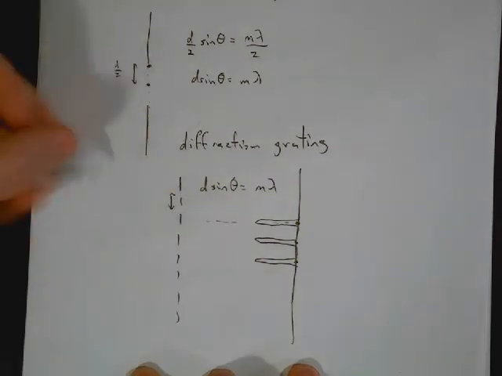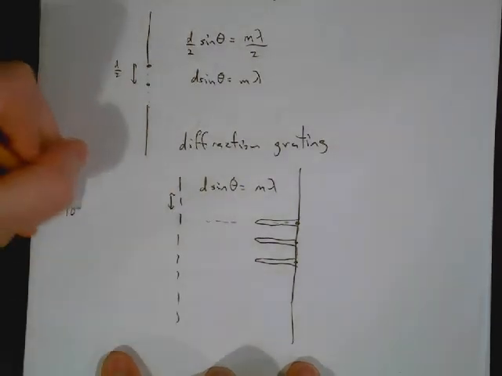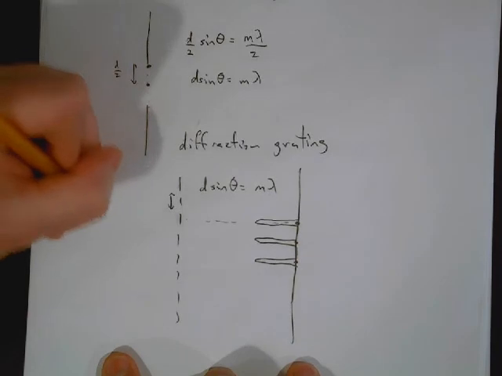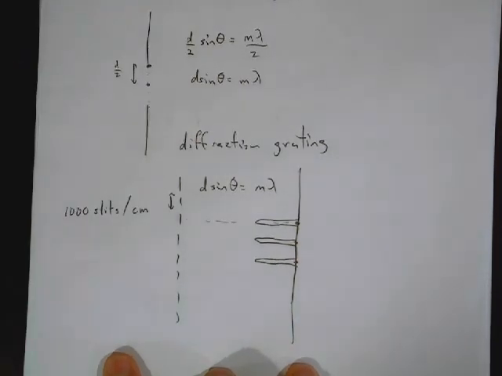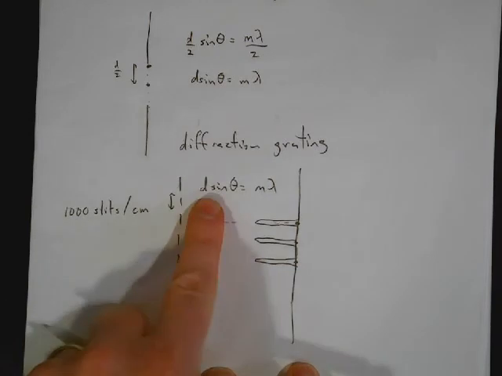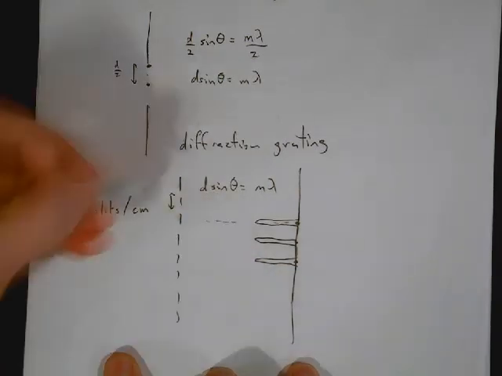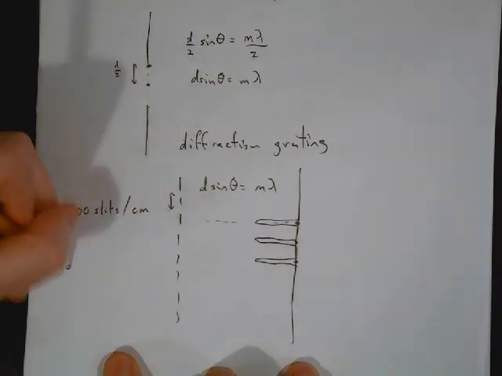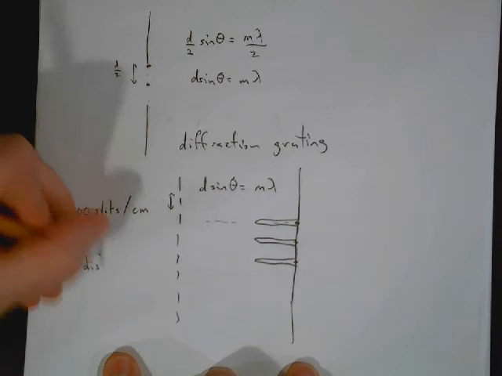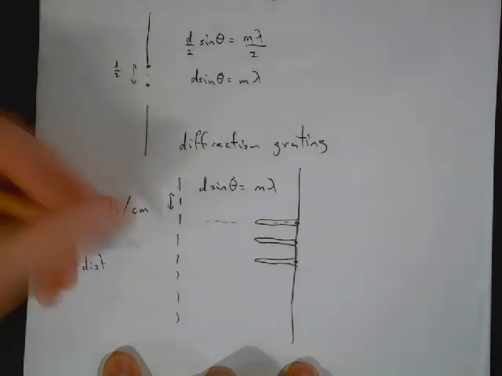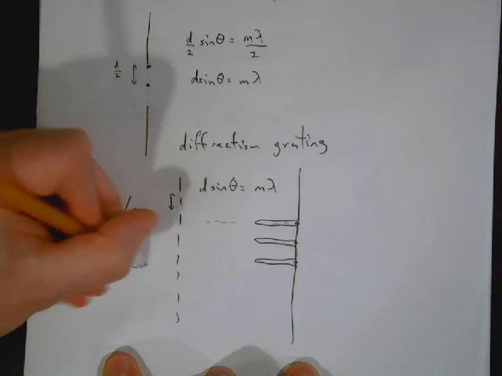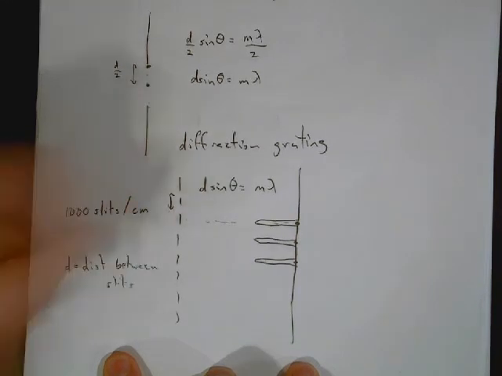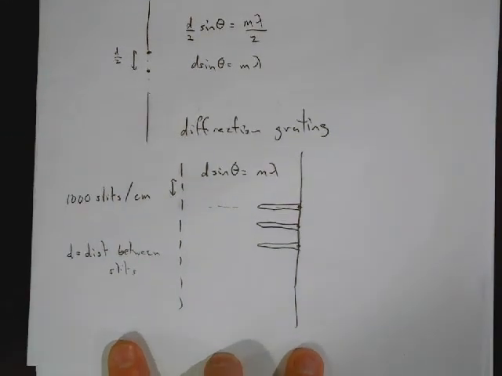The only thing you have to remember with diffraction gratings is that a lot of times they say you have 1,000 slits per centimeter. Okay, well, if I have 1,000 slits per centimeter and I want to know D, D is defined as the distance between slits.